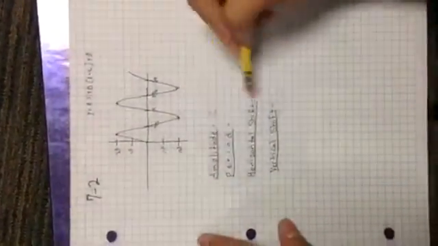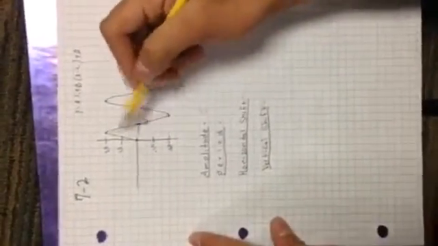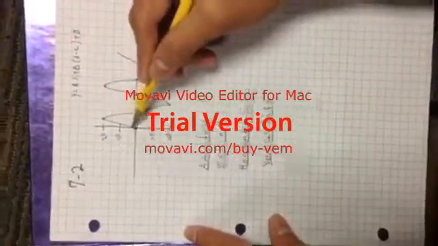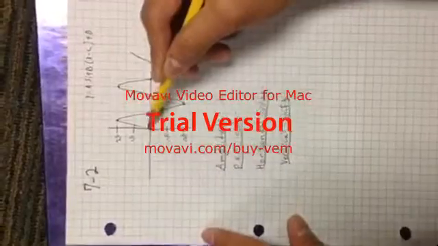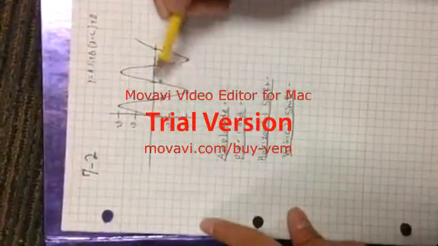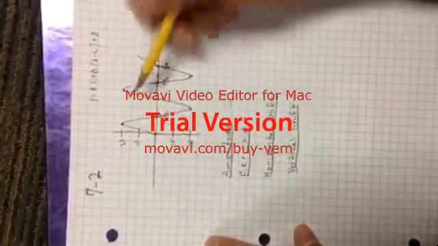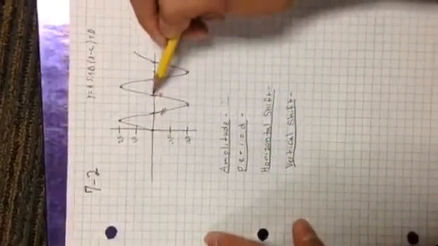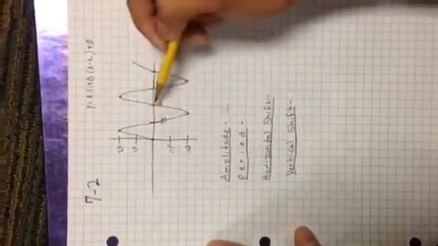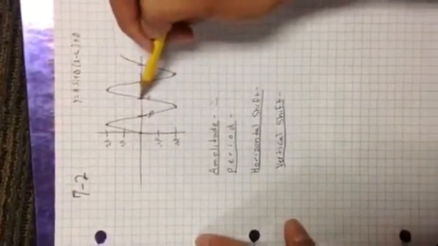And the period is how much it takes for one cycle. So then the cycle would be from here, middle, high, middle, low, middle, and then the cycle repeats from middle, high, middle, low. So now that we have one cycle, we realize that the cycle ends at pi, so that's what the period is.